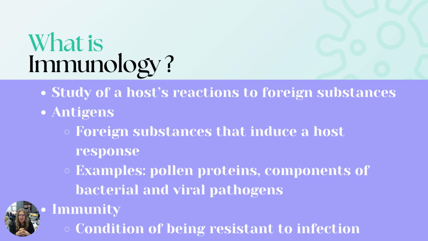An antigen is something capable of being recognized by the immune system and provoking an immune response. That doesn't automatically mean a dangerous microorganism. Pollen can act as an antigen. Components of bacteria and viruses can act as an antigen. So we really need to separate the ideas of foreign, recognized, and harmful because those aren't always the same thing.